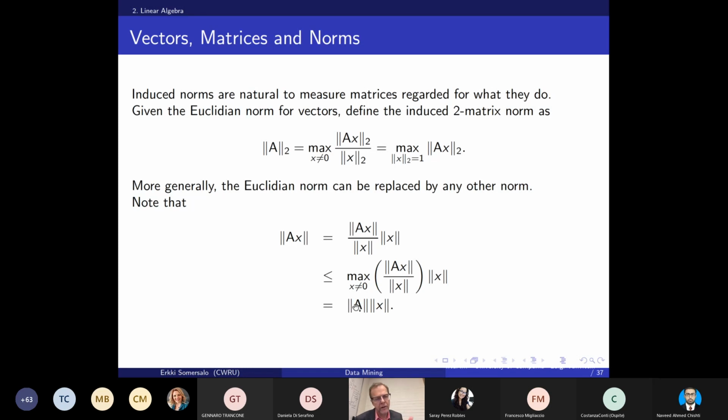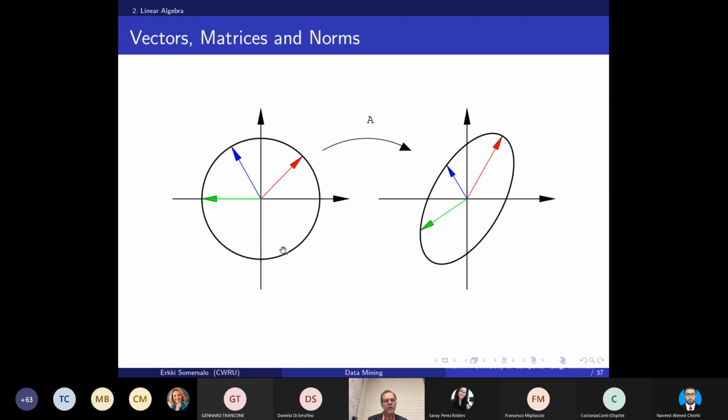It's easy to understand what this means if you remember what the induced norm is doing. So here is a picture of this situation. I start with vectors which have been scaled so that they all have length 1. So these green, red, and blue vectors are vectors of length 1. Then I'm applying my matrix A on all of them, and out come 3 vectors here. It turns out that the tips of those vectors are on an ellipse.